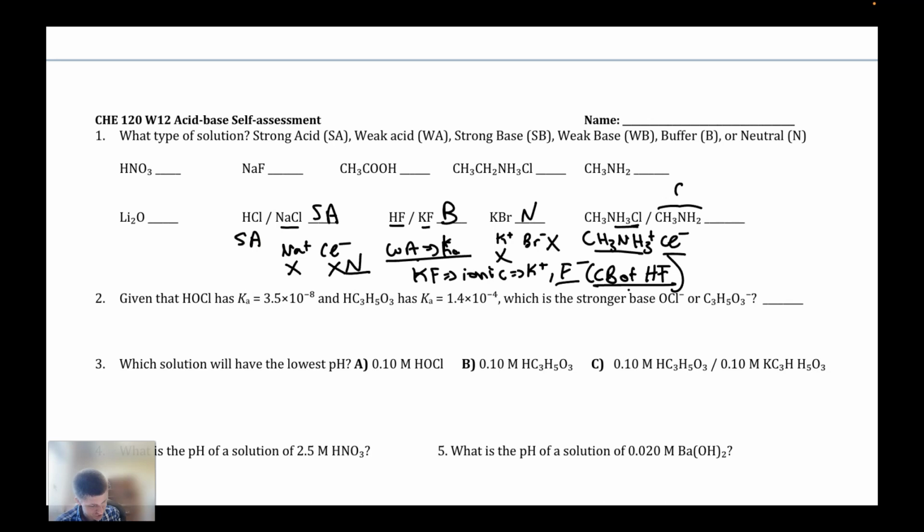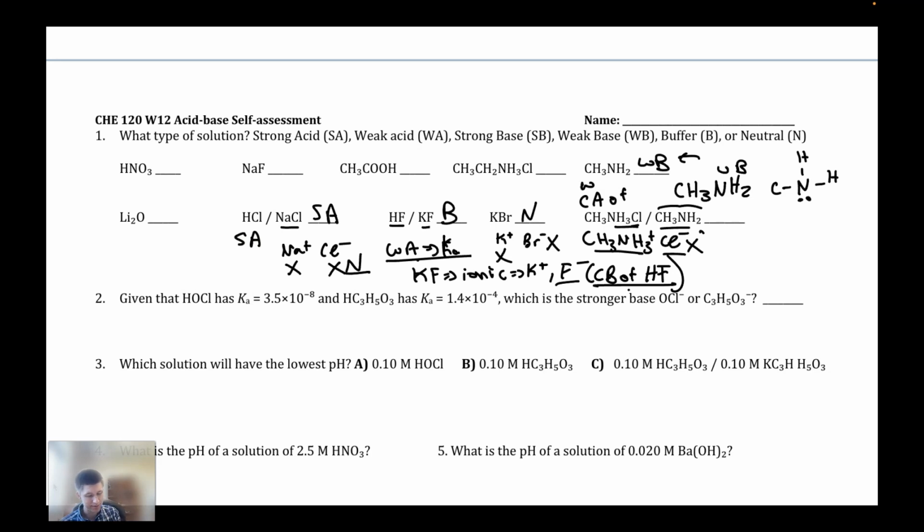CH3NH2 is neutral, right? It's a nitrogen with a lone pair on it. If we look at its skeleton formula, this nitrogen with a lone pair is a weak base. We did that up above here when we decided that was a weak base. If we look here, Cl- is an ineffective base, but CH3NH3+ is the conjugate acid of CH3NH2.